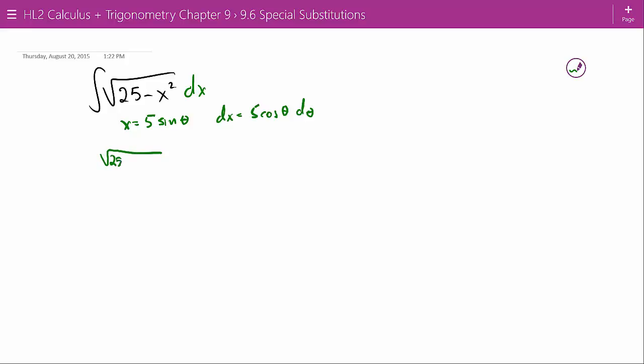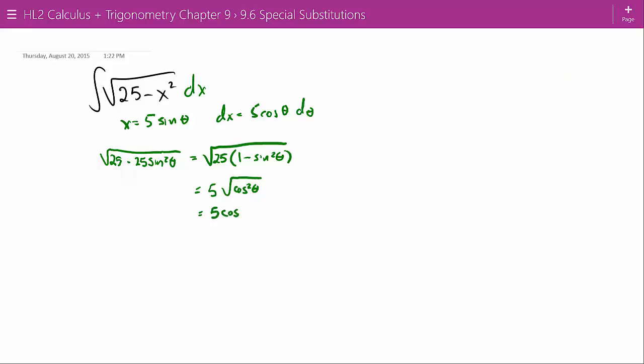And I like to do this without the integral sitting there. We have 25 minus 25 sine squared theta, and we can factor 25 out. And the square root of 25 is 5, and 1 minus sine squared is cosine squared, and the square root of cosine squared is just plain cosine.